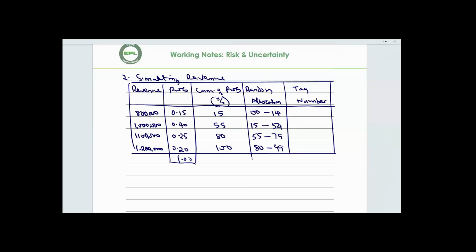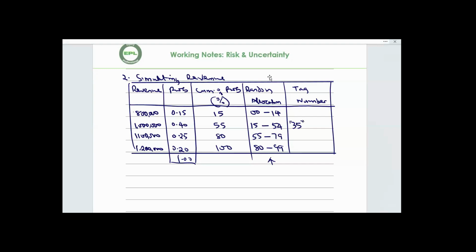Give me the tag number for revenue as shown in the question. What's the first tag number? 35. Look up and pay attention. Where does 35 fall in our random allocation? 35 is in the second row.